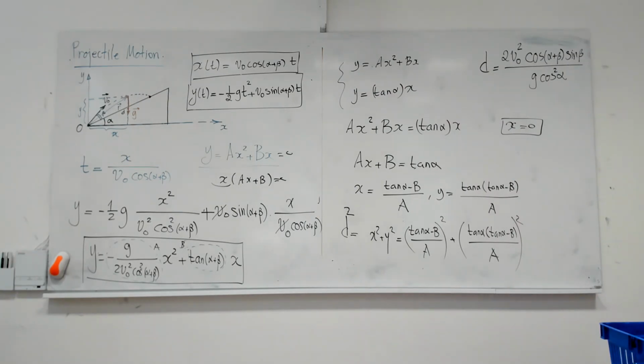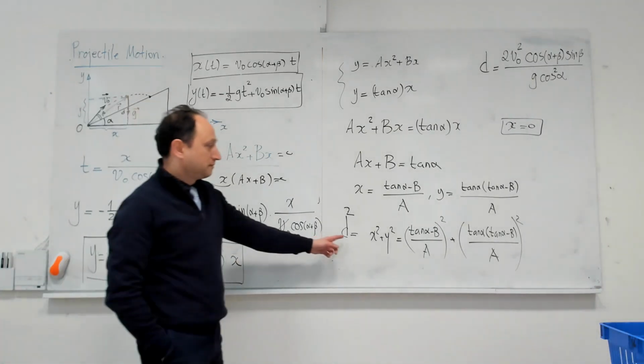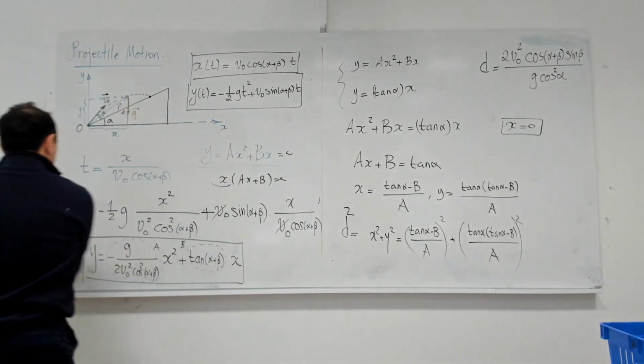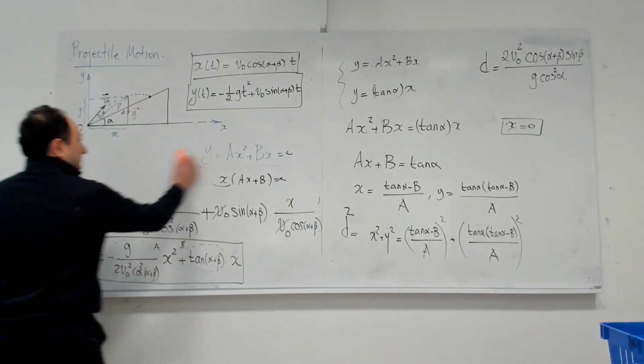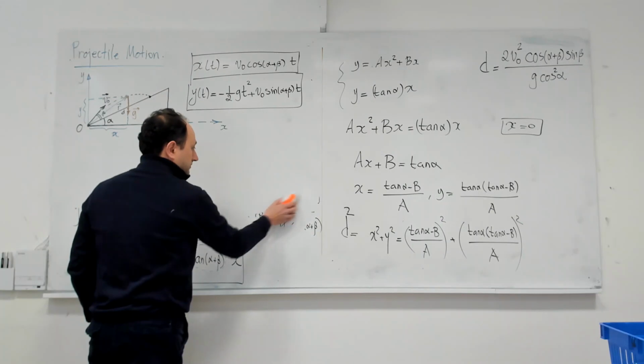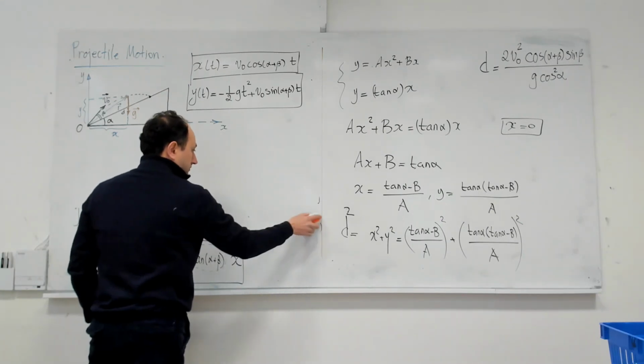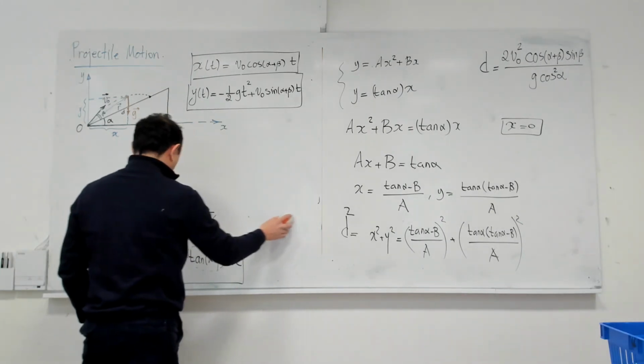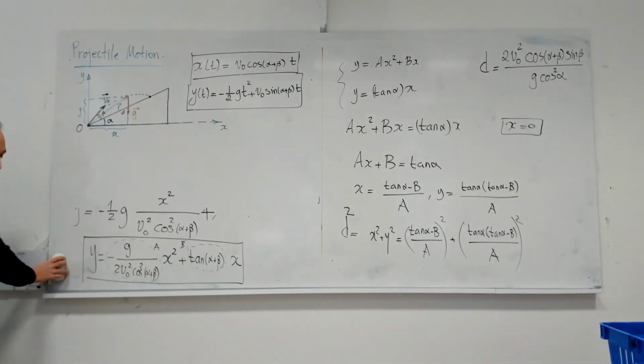Okay, so how should we do that? Now do mathematics for me. Can you do it? By the way, remember, this is D squared. Okay, don't clean these things. Let me write them somewhere because I will need them.